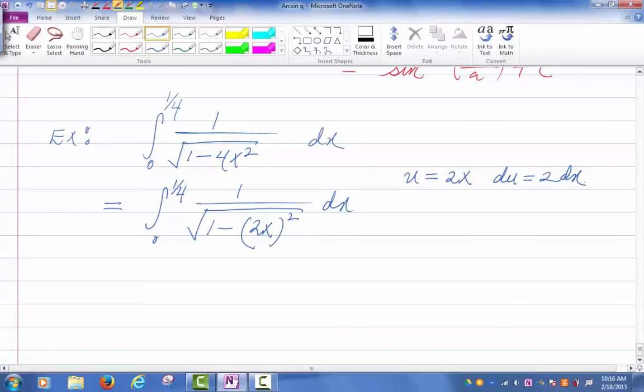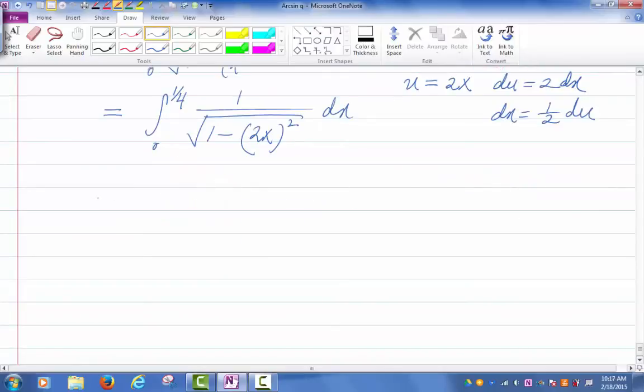And dx would be half du, right? I don't have to write it, but okay, so this is equal to, I am replacing 2x by u, and what is dx? That's half du, right? Well, let's change the limits of integration.